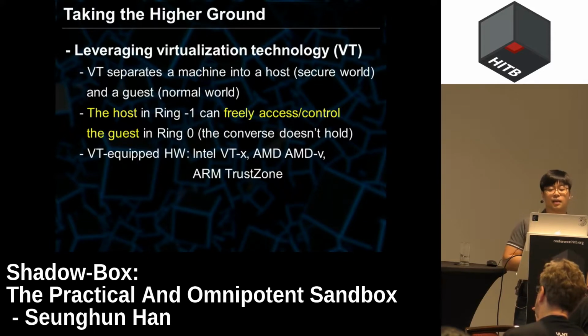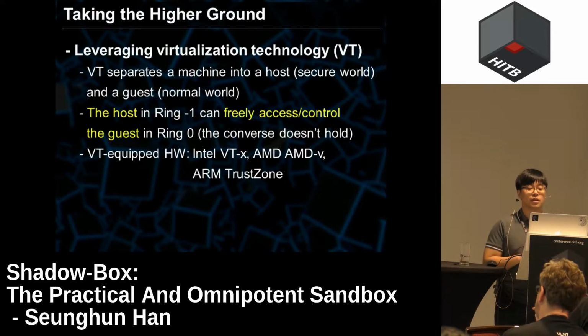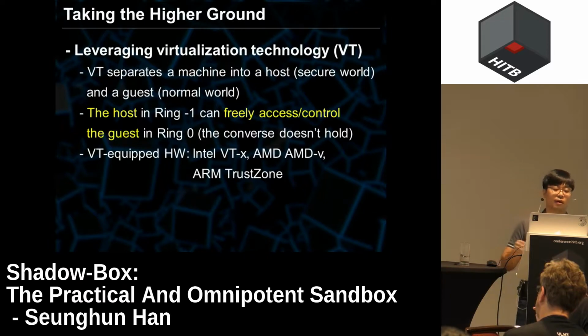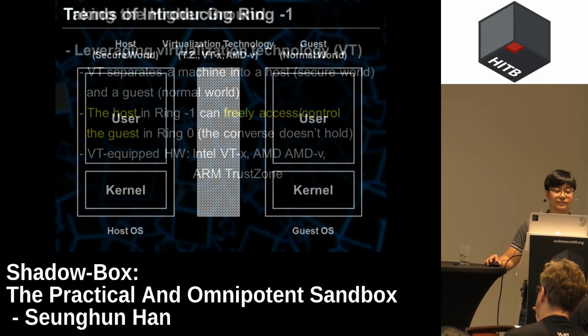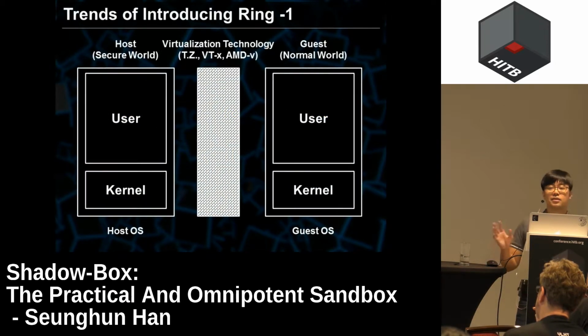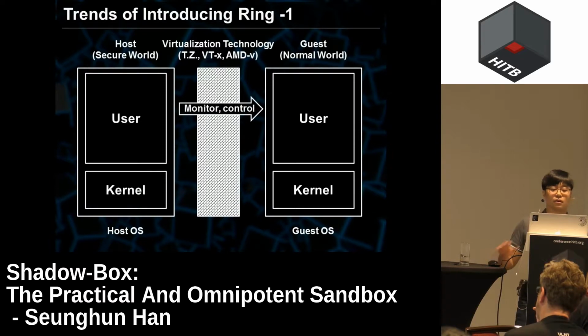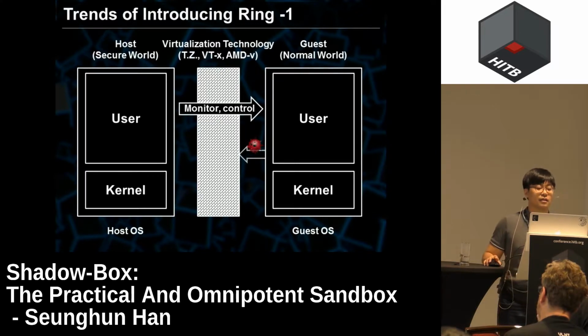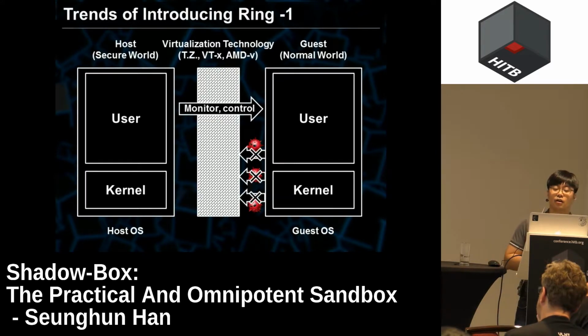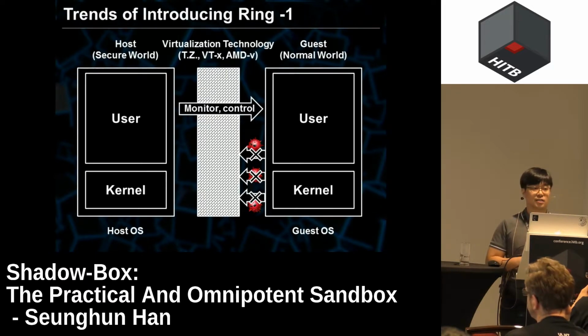Intel VT-x, AMD-V, and ARM TrustZone are typical virtualization-equipped hardware. This is the traditional architecture leveraging virtualization technology. The host monitors and controls the guest through the virtualization technology, and the malware of the guest cannot move to the host because of virtualization technology.